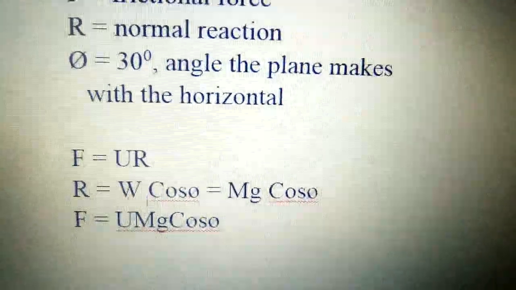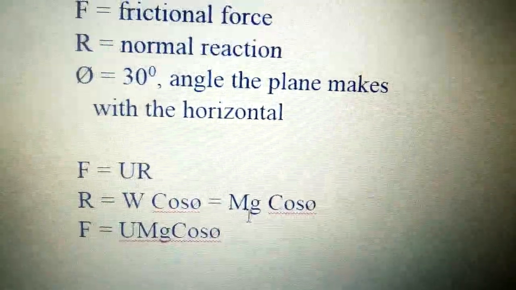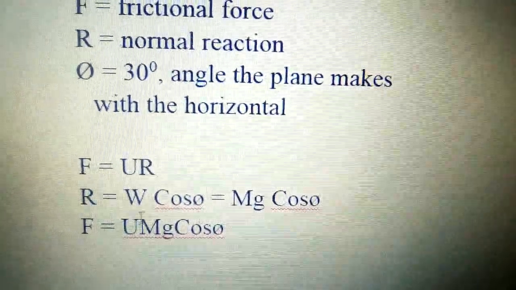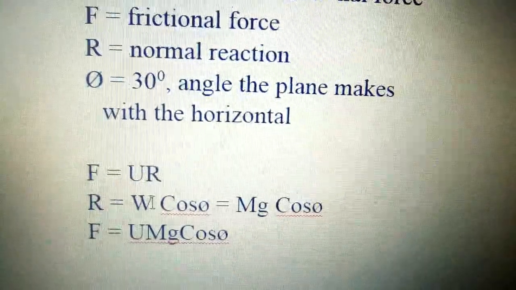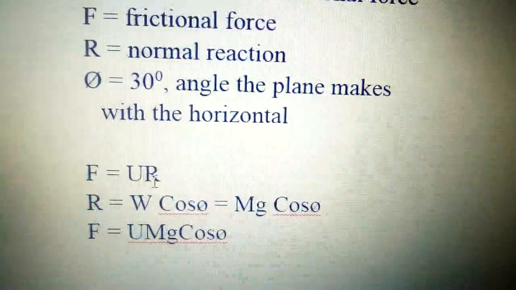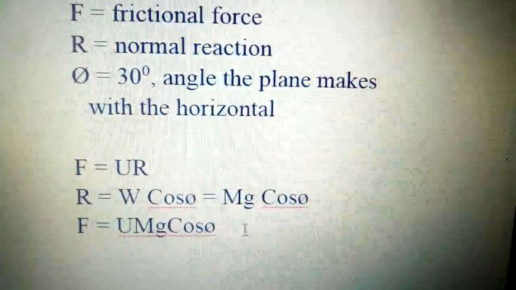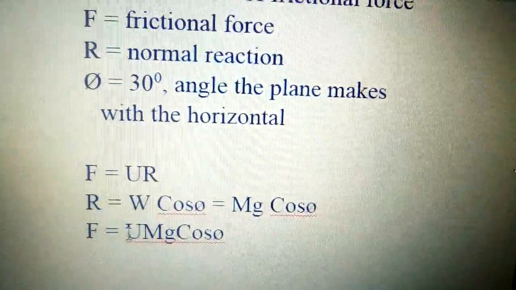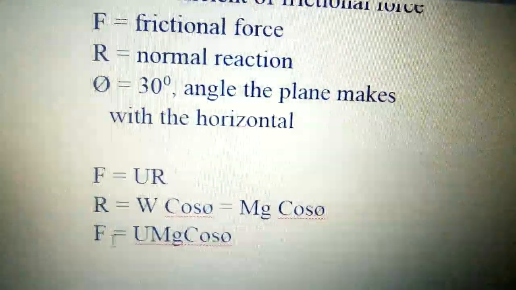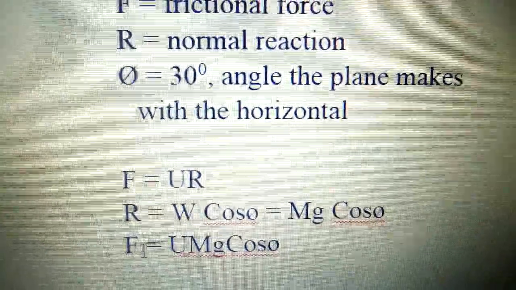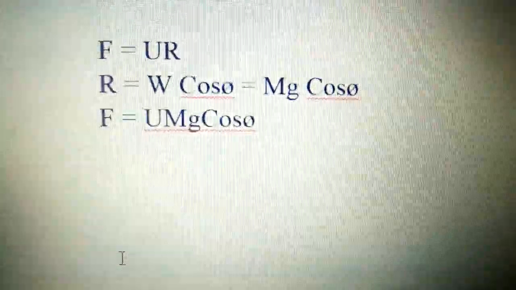And our weight is mg. So we now have mg cos theta. That is the normal reaction. So substituting in this formula, replacing R with mg cos theta, we now have mu mg cos theta. This formula is for obtaining the frictional force acting on the device on the plane.